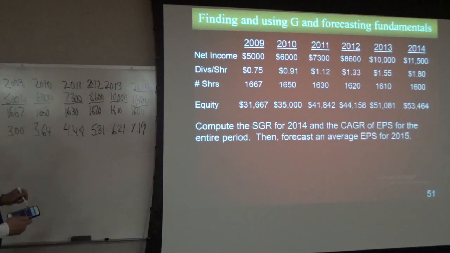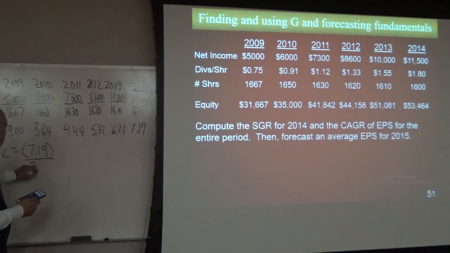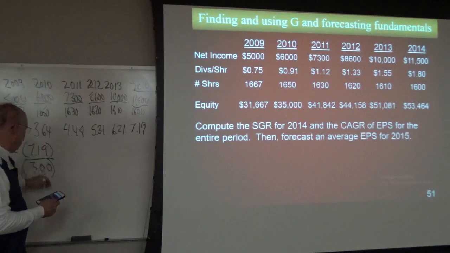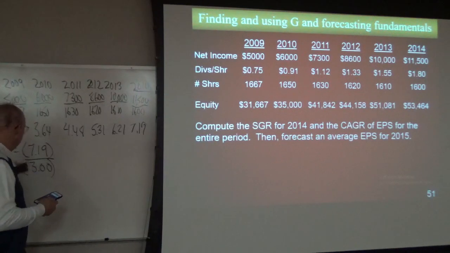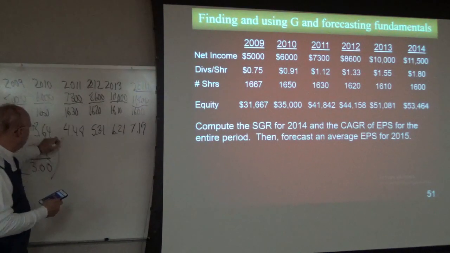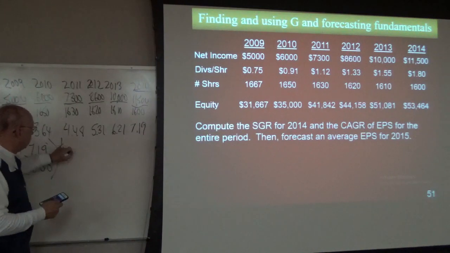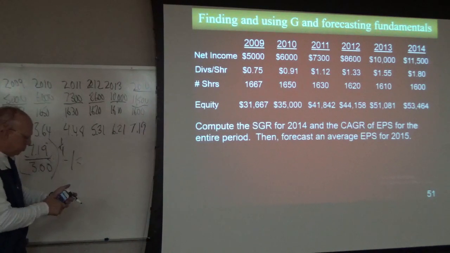Let's break the order up a little bit and let's do CAGR. So CAGR is equal to $7.19 divided by $3 raised, I don't even know why I put parentheses on here. Don't need the parentheses really. But we need parentheses this way. Raised to the 1 over 4 minus 1. So let's go ahead and do that.